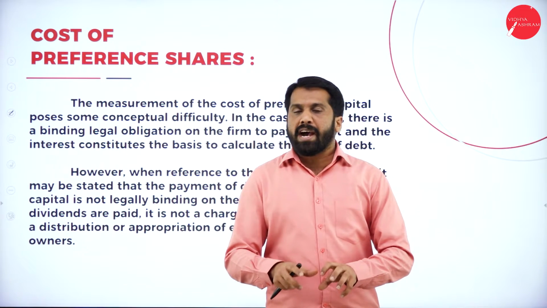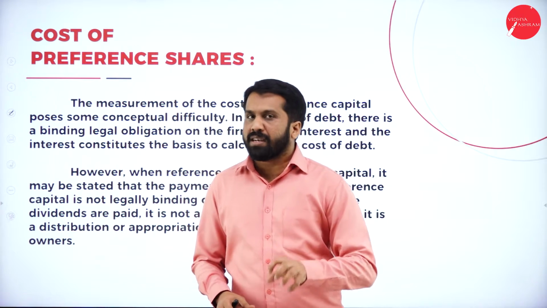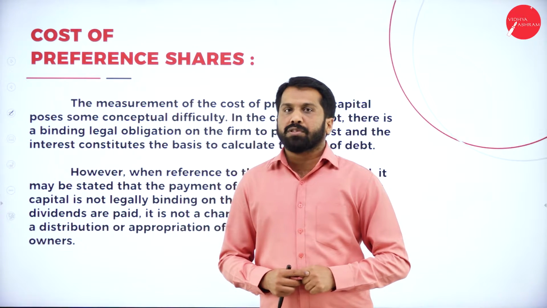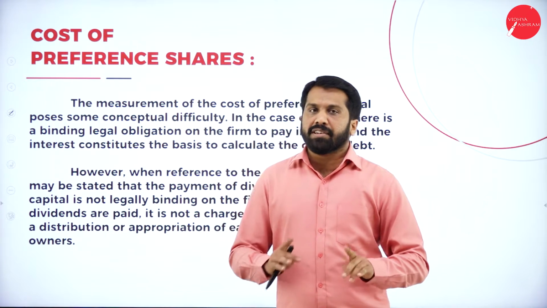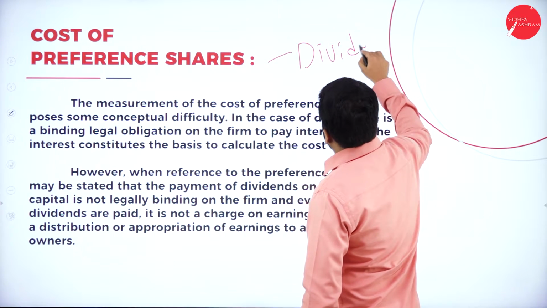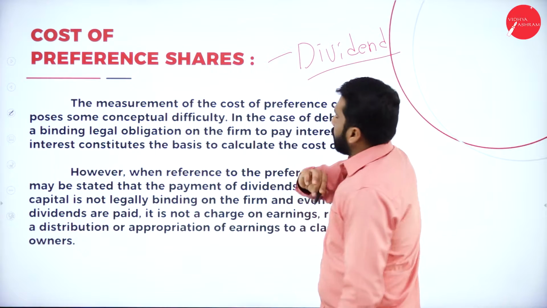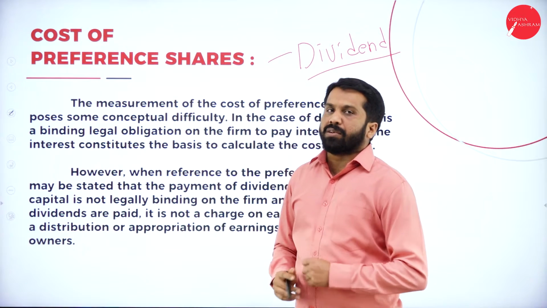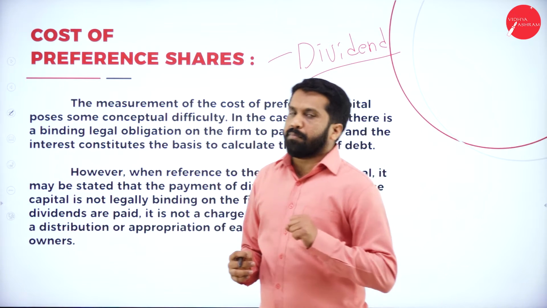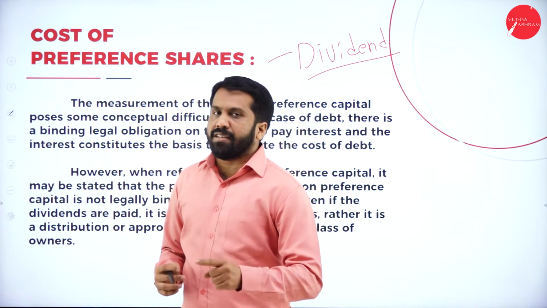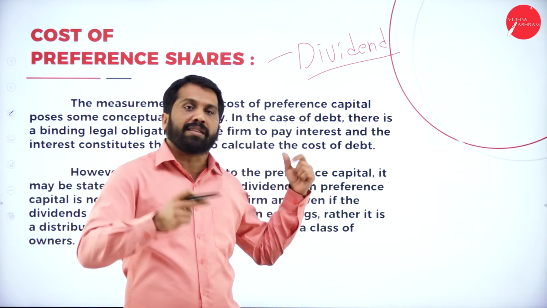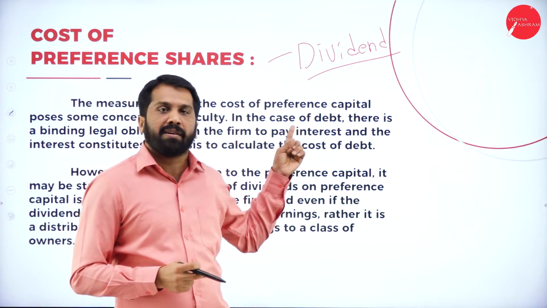Now, if you have taken money from the public in the form of preference shares, then there is no interest, but you are supposed to pay dividend. This dividend we call the cost of preference shares. If you have taken money from preference shareholders, every year you are supposed to pay them dividend. Your income must be more than the dividend you are paying.